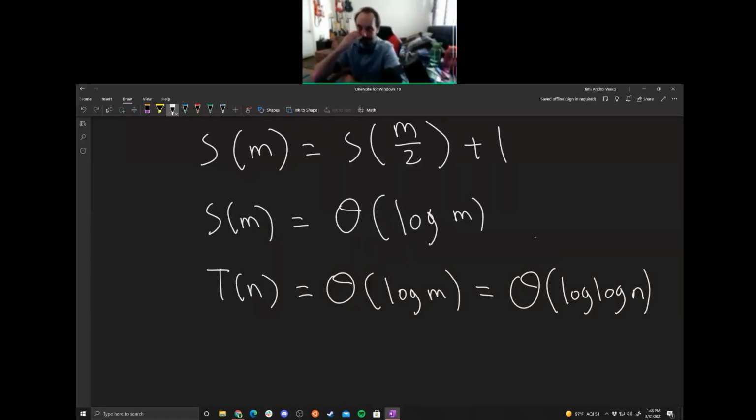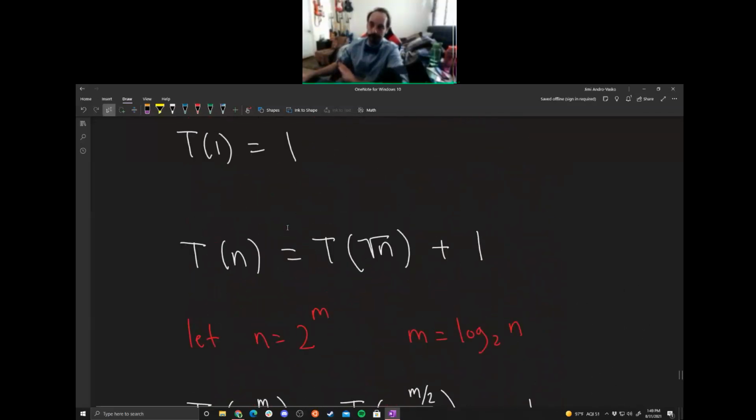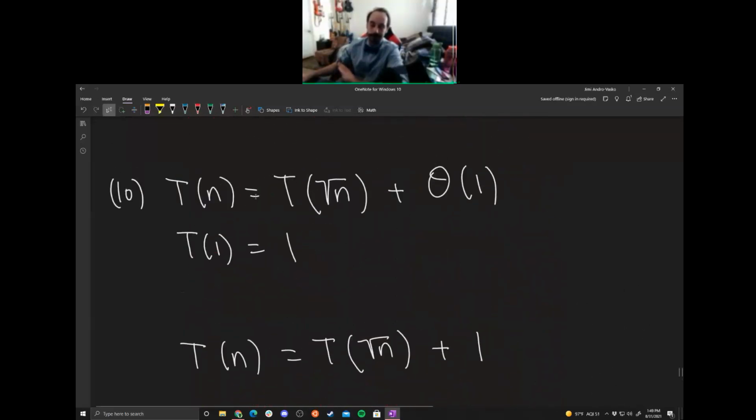So this recurrence relation does actually grow at a slower rate than log of n. Now, you may wonder, isn't root of n a bigger growth rate than log of n? And the answer is yes. But this recurrence relation, I'm going to scroll up for a second, is not the logarithmic one, because remember, for the log recurrence relation, it's going to be T of n equals T of n over 2.